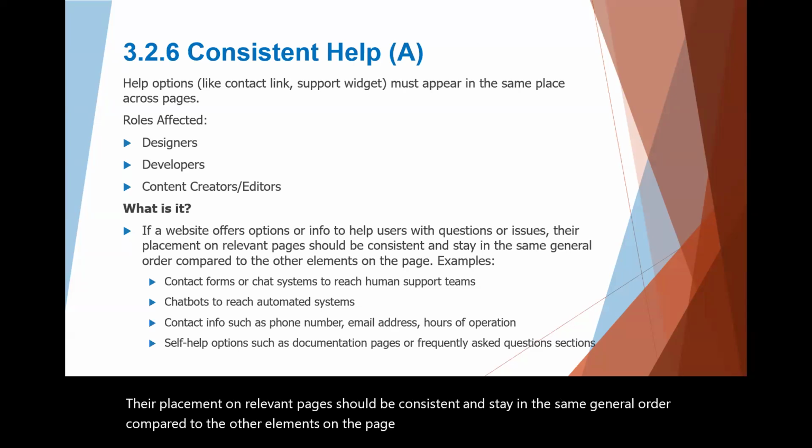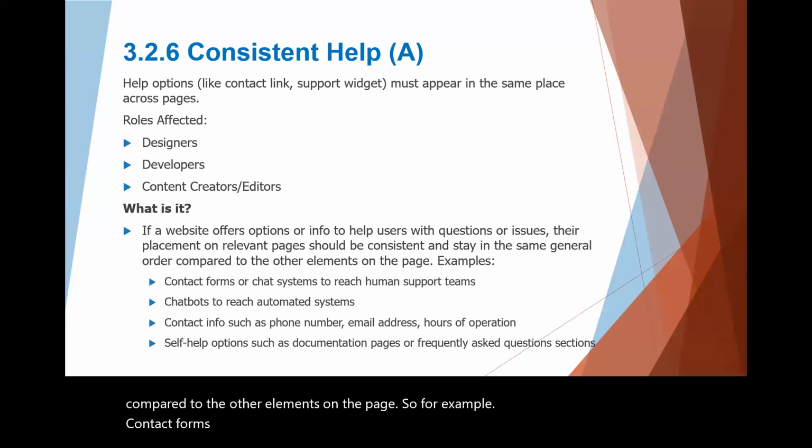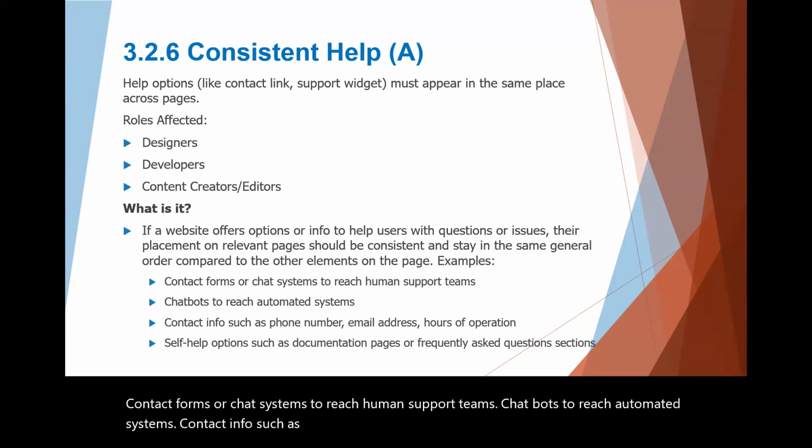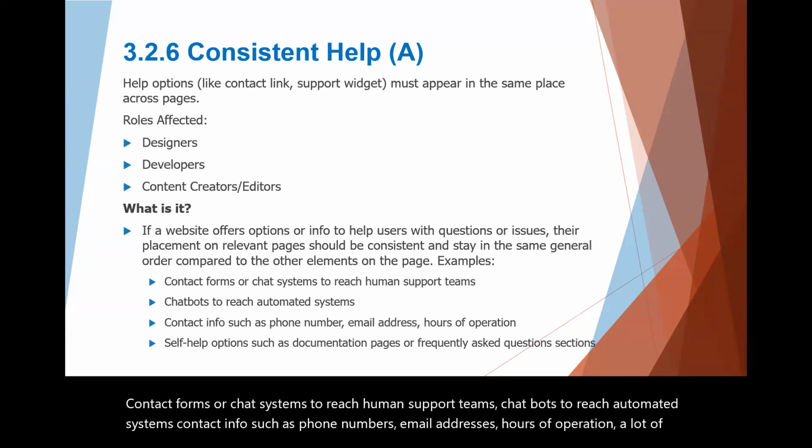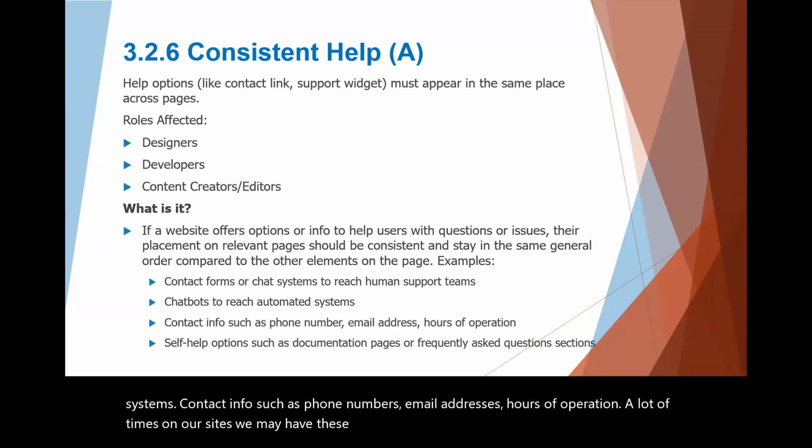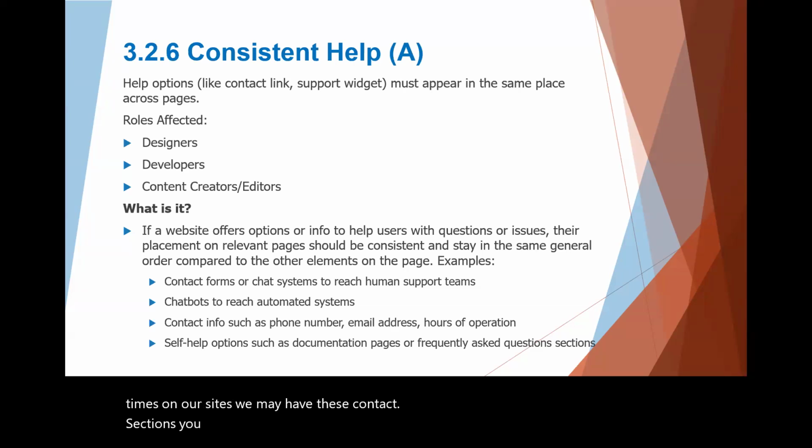For example, contact forms or chat systems to reach human support teams, chatbots to reach automated systems, and contact info such as phone numbers, email addresses, and hours of operation. A lot of times on our sites, we may have these contact sections consistently placed in certain parts of the page, or in many cases, we have global information in the footer.